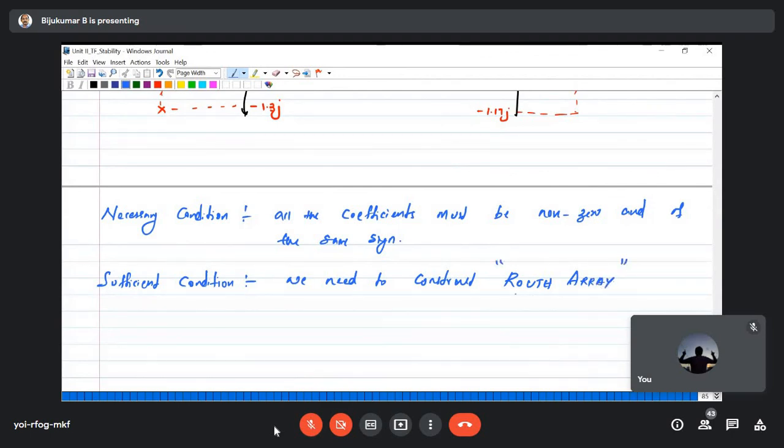I hope everyone understood why we need another method, called the Routh stability criterion, to judge the stability of the system. Clear? So tomorrow we will see how to construct the Routh array using the characteristic polynomial, and how to judge the characteristics of the system.